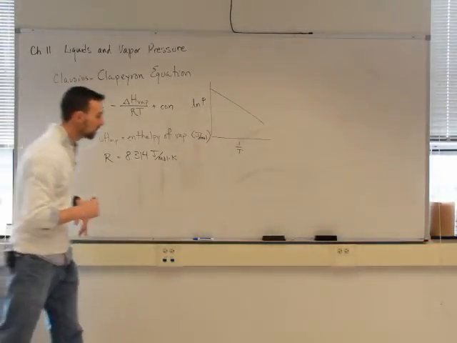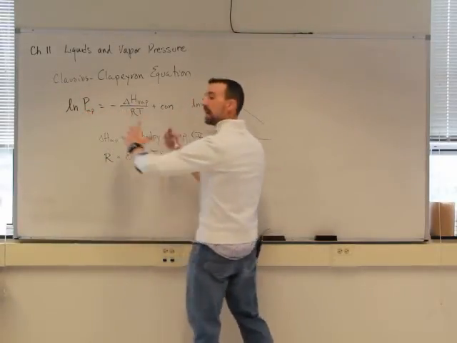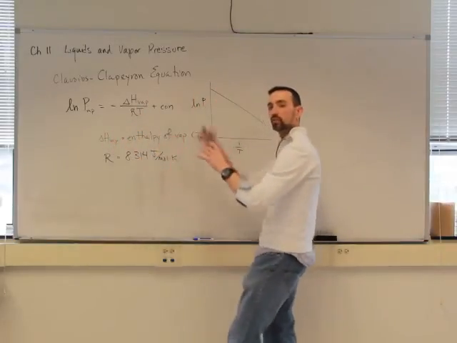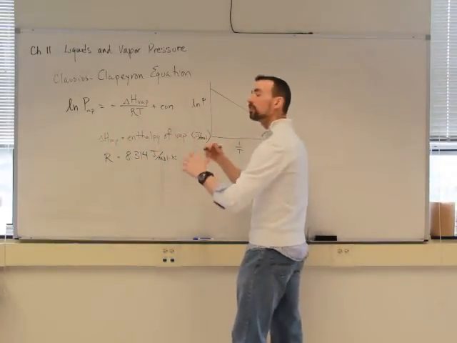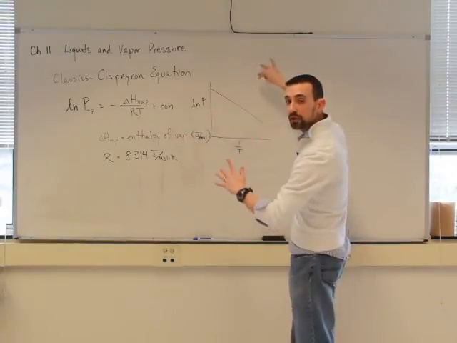Okay? Now the reason we would express this relationship this way as opposed to its exponential form, P equals e raised to some exponent, that would be the equation that predicted the shape that we saw earlier on the vapor pressure curves.